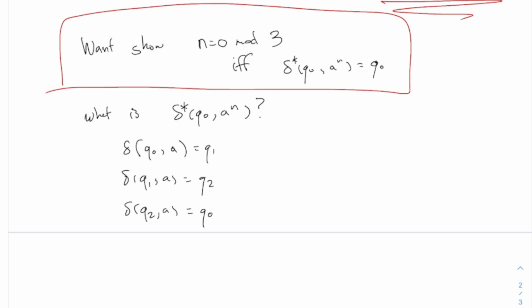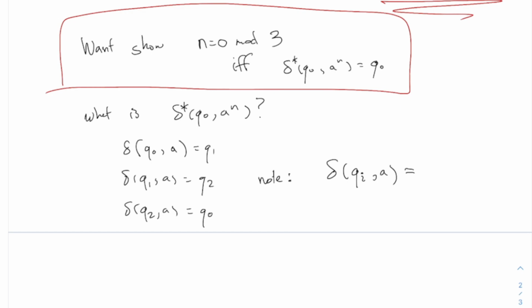Check it out. Note that you can generally say delta of, let's say, Qi and a. If I'm in state Qi and I read a, what's the effect? Look at those numbers over there. What happens when you're in some state and you do a? Can you say in general? Yeah, i plus 1.